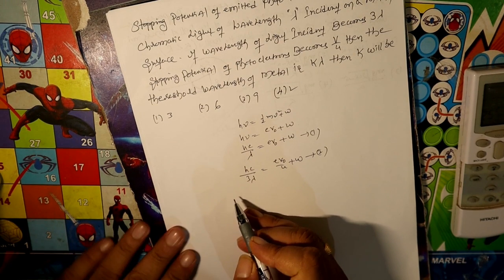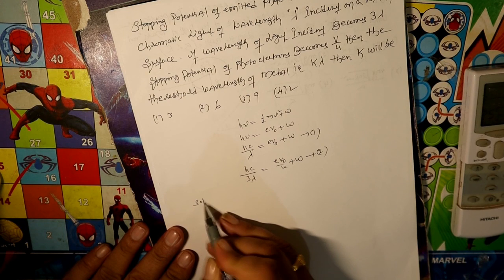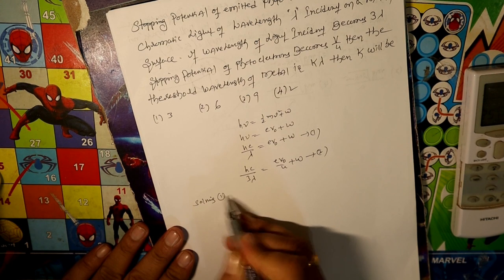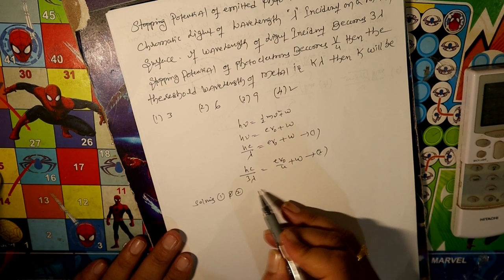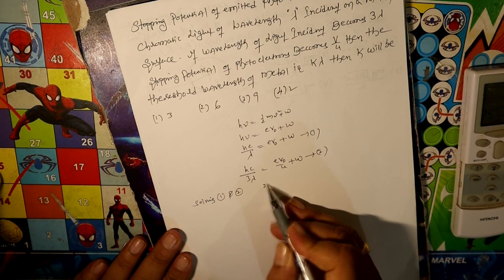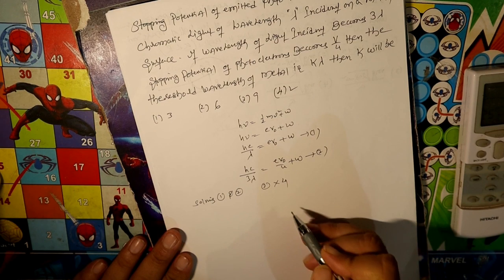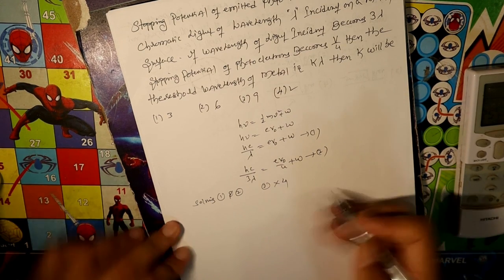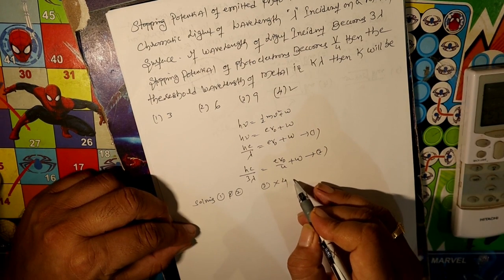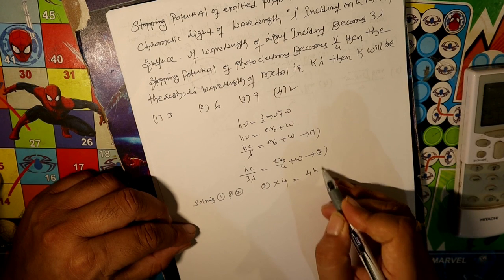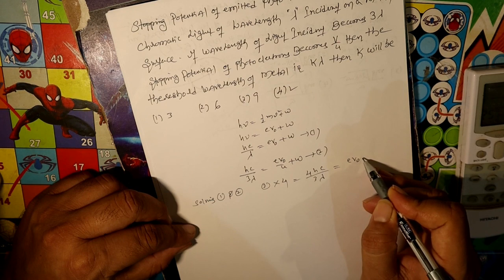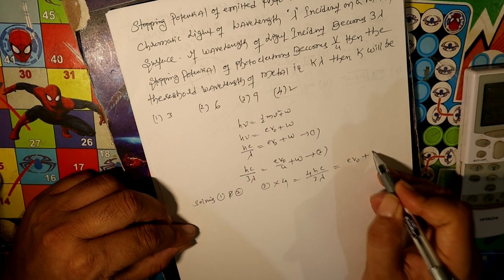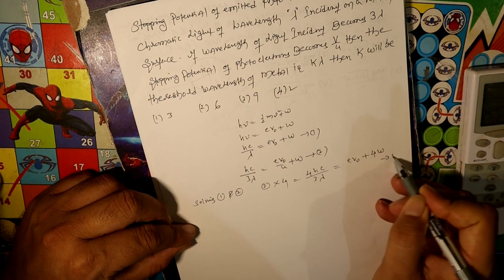Now, solving equations 1 and 2. Equation 2 is multiplied with 4. Then 4hc by 3 lambda is equal to e into V naught plus 4w. This is equation 3.